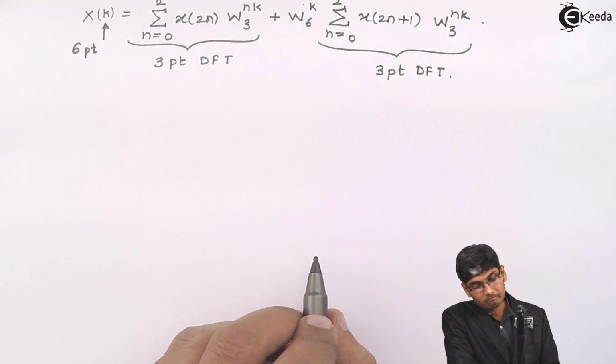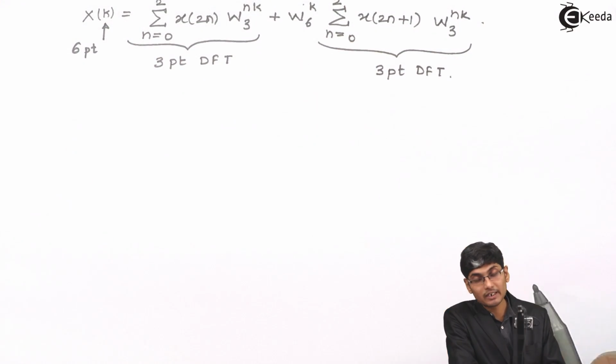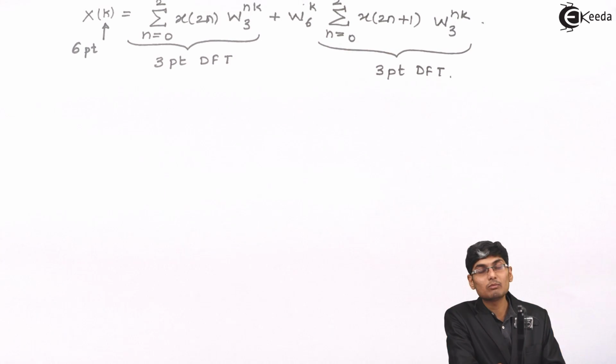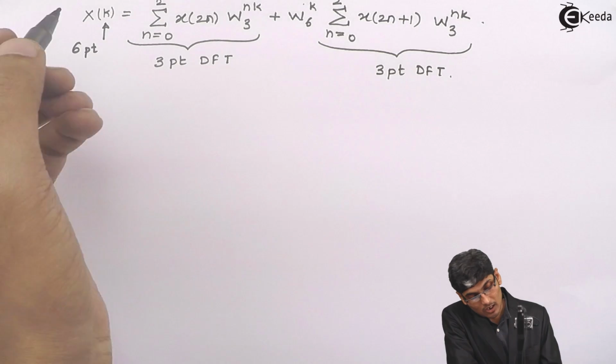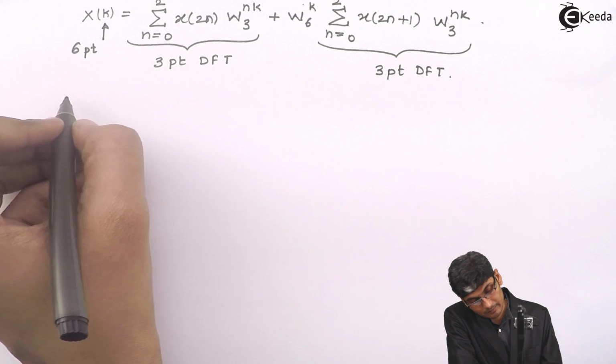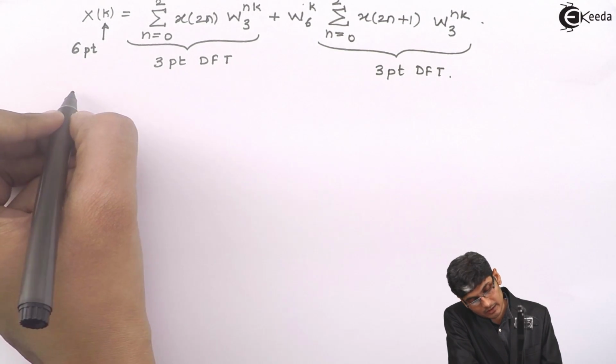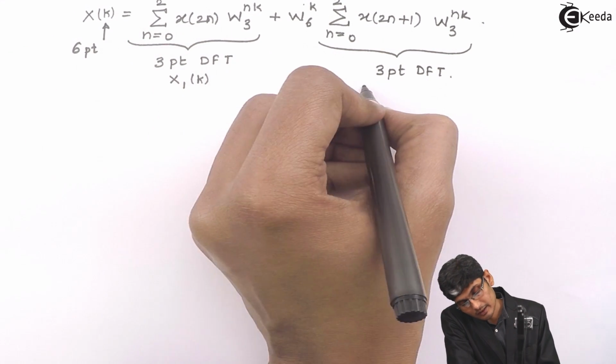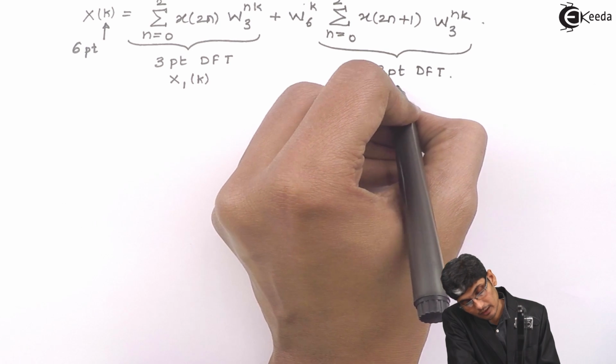Okay. So we are having two smaller DFTs of 3 point, and when I add them together, multiplying by W6 raised to k, I am going to get a 6 point. So how will it be? Let us see. I write this as X1 of k, and this I write as X2 of k.